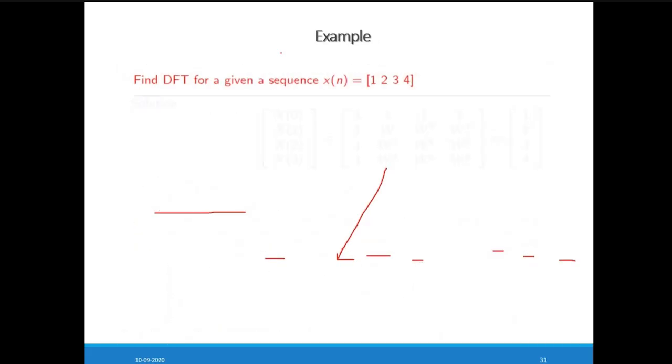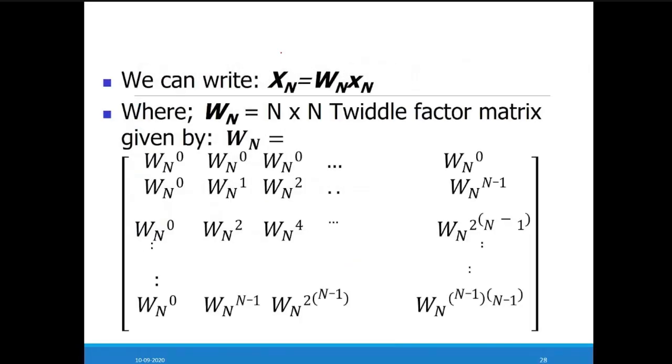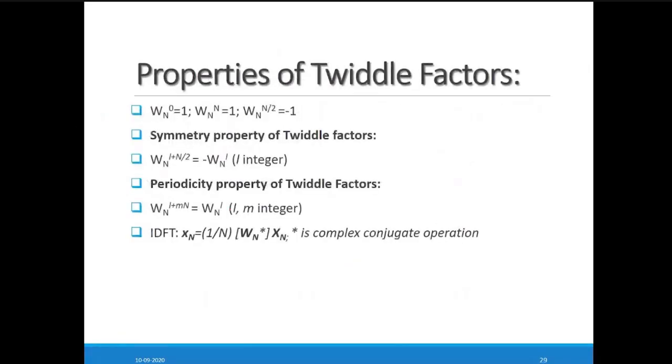In this particular example, we have to use this equation. Just note down this equation. For the IDFT calculation, where we have to calculate x of n, small x of n is equal to 1 by capital N, then omega n, that is nothing but the Twiddle factor matrix.